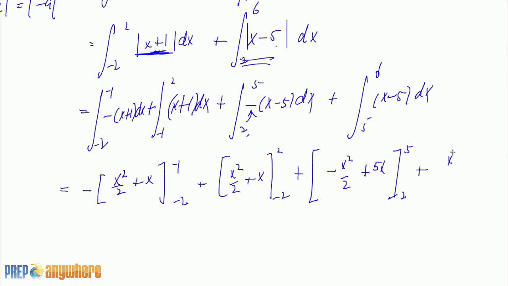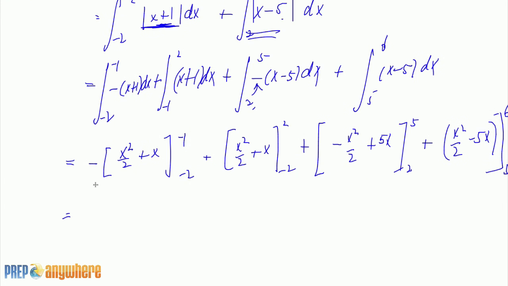And lastly, x squared over 2 minus 5x, from 5 to 6. And the rest is calculations. So if you simplify all of this and plug the numbers in correctly, it's 10.